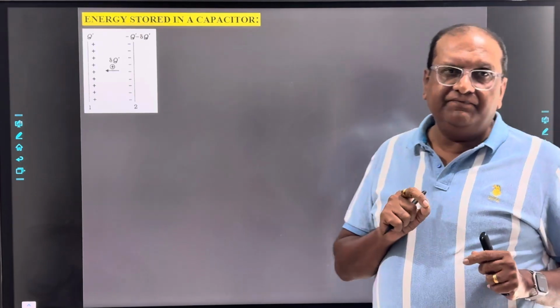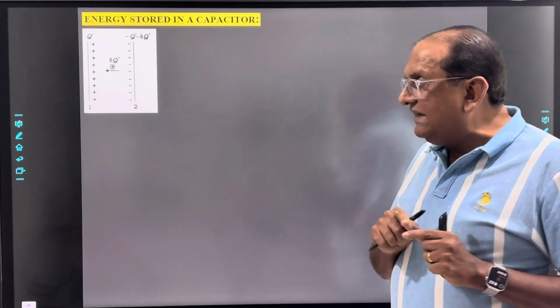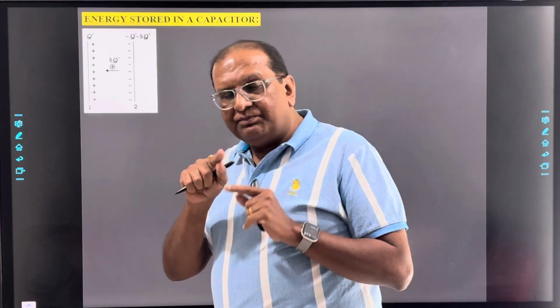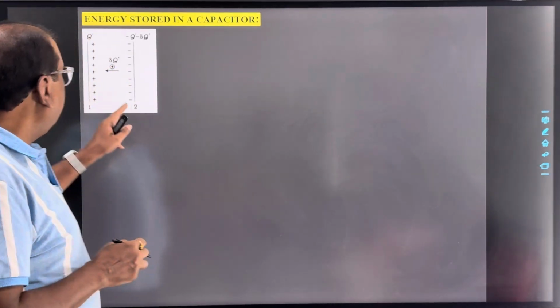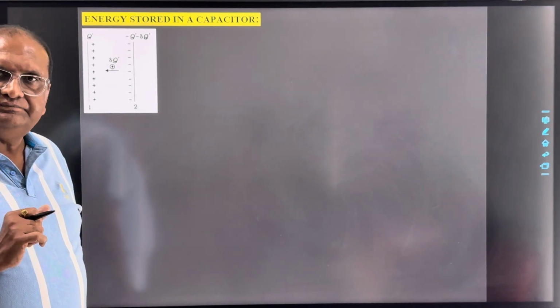To deposit charge Q, we have to deposit plus Q on the positive plate and minus Q on the negative plate.